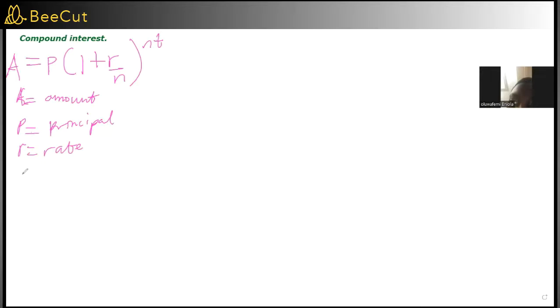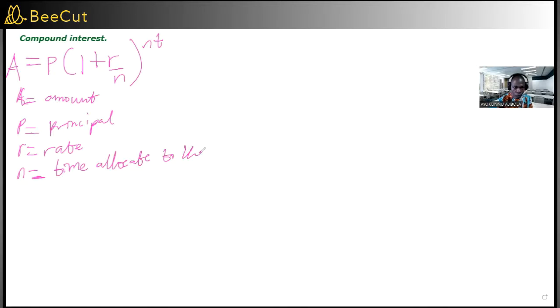And N is the time allocated to the rate, maybe it's per year or per 3 months or whatever. While T now is the number of periods of investment.